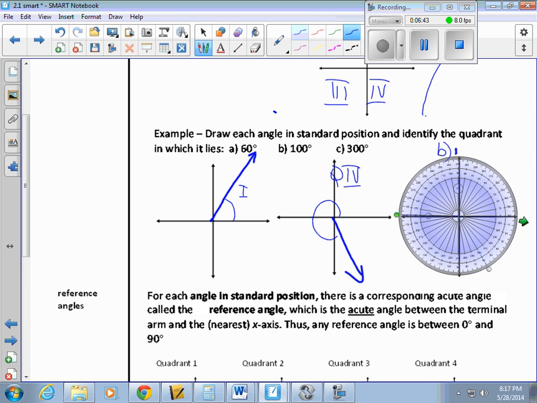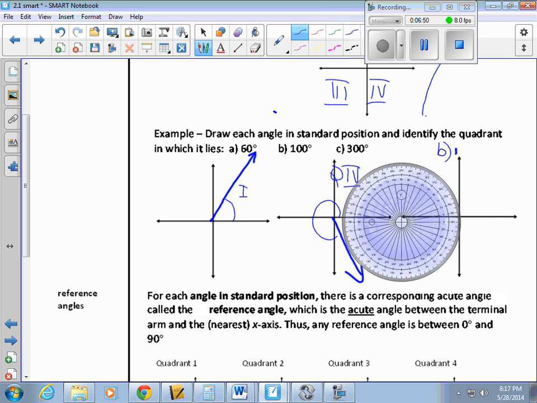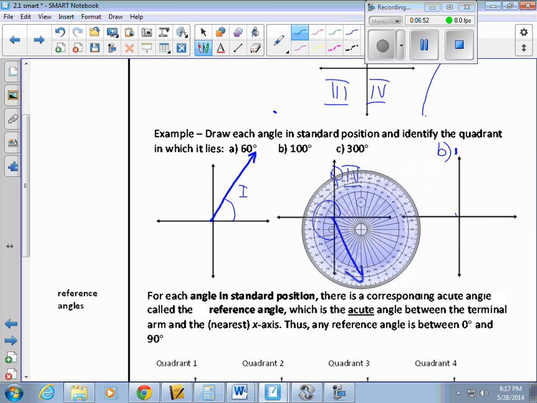So then 100 degrees is just going to be 10 past it, so it'll be there. So 100 degrees is about right there. Pretend that's at the vertex.